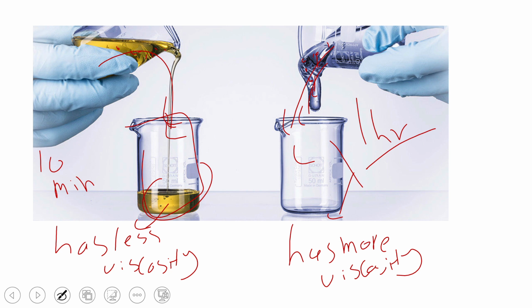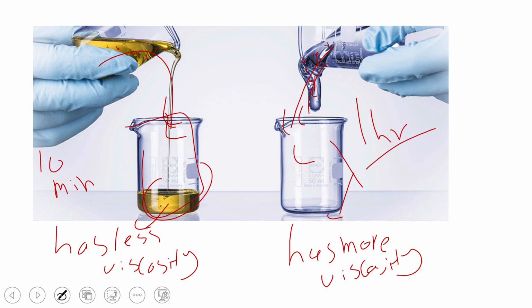Or guys, you can see the difference between water and honey. Water immediately, in 1 second, all the water comes out, but honey takes time. What is the reason again? Because honey has more viscosity, but water has less viscosity. So viscosity is the friction between the layers of particles.